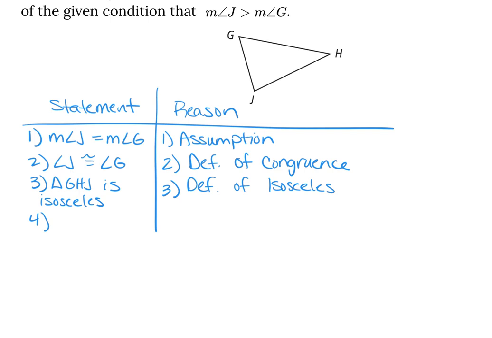And then finally, if it is an isosceles triangle, that means that GH would equal HJ by isosceles triangle theorem.